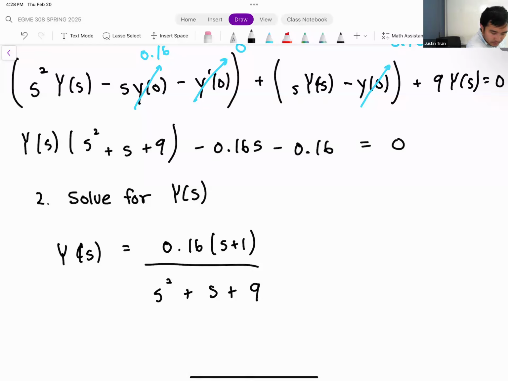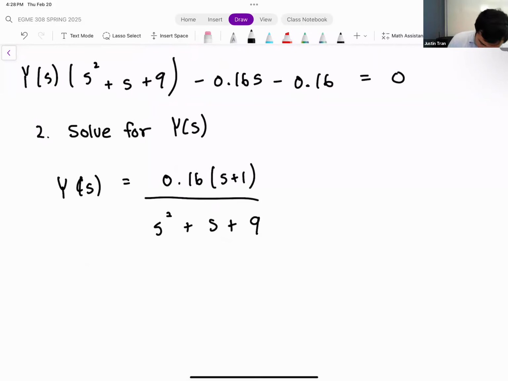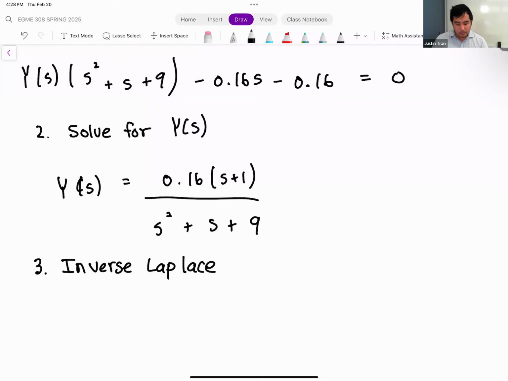Good. Now that we have an algebraic expression for Y of s, the next step is to take its inverse. So we're going to take the inverse Laplace of this expression.